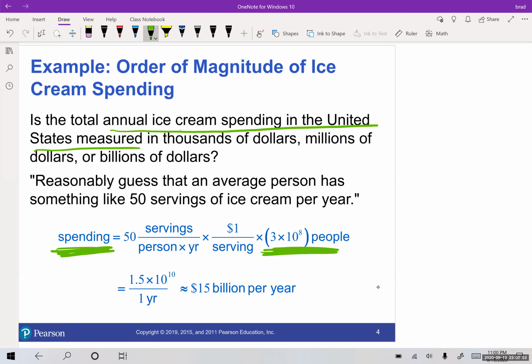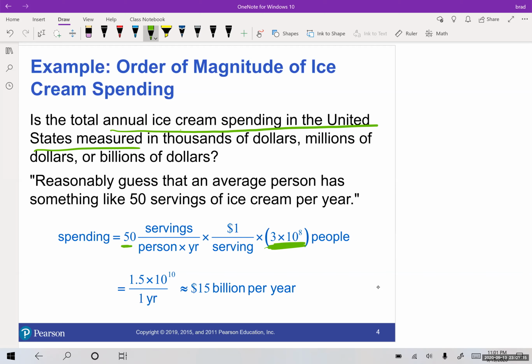This is their estimate for how many people are in the United States. This is $1 per serving, and this is servings per person, okay? So what we're gonna do is 50 servings per person times 1 times 3 times 10 to the 8th people, okay?